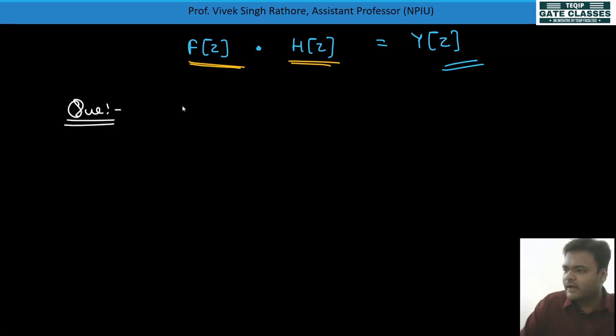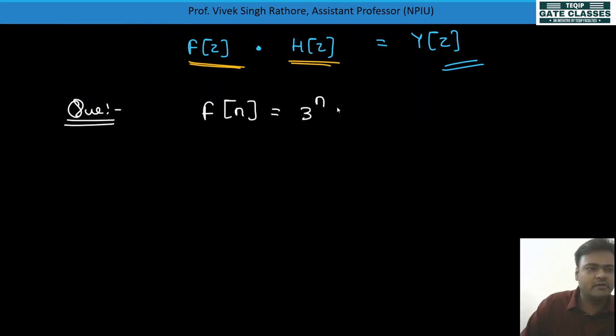In your question you have been given a signal f of n equal to 3 to the power n u of n. This is your f of n. And your impulse response h of n is 2 to the power n u of n.